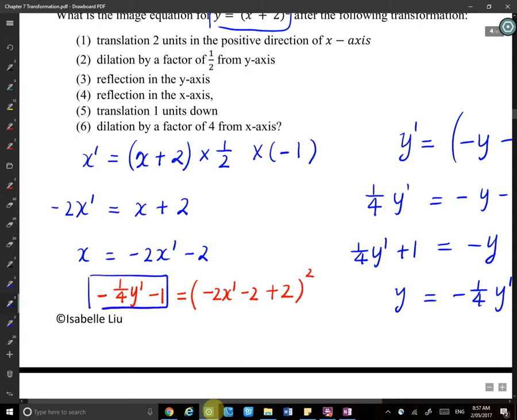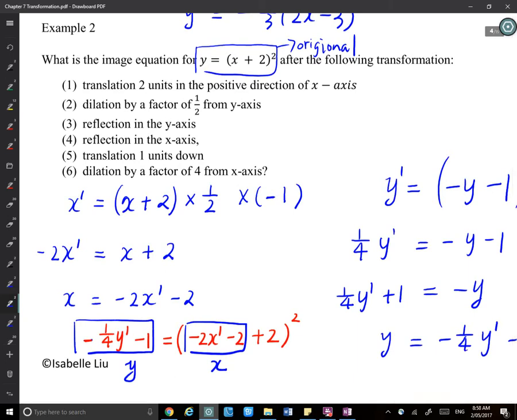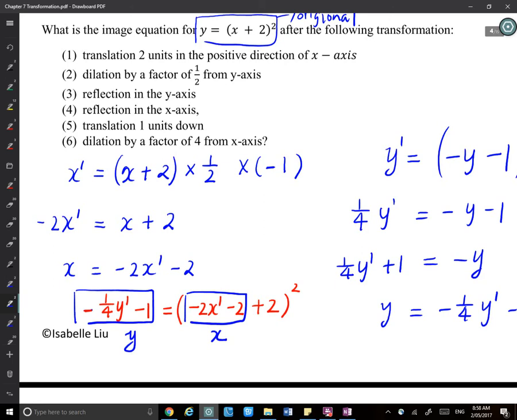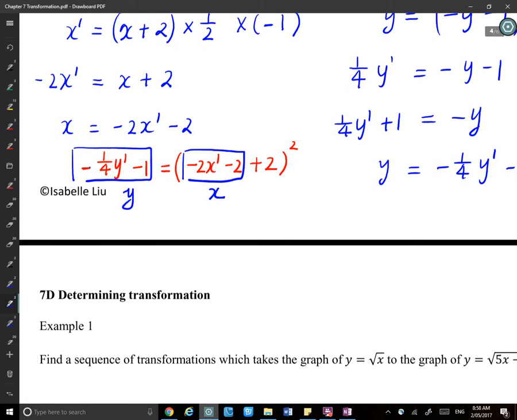That's the position for y, that's the position for x. Instead of y, you write minus a quarter y dash minus 1. Instead of x, you write negative 2x dash minus 2.